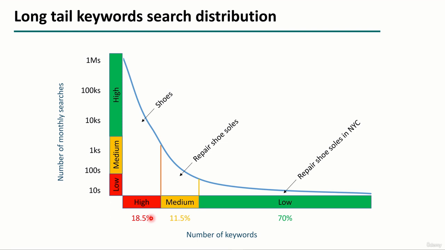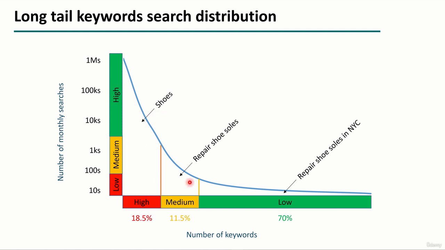At the leftmost part of our chart, we observe that 18.5% of searches consist of just one keyword. These searches tend to have a high search volume, soaring into thousands of millions of searches per month. This represents broader and more generic search terms, which, although high in volume, may lack specificity.